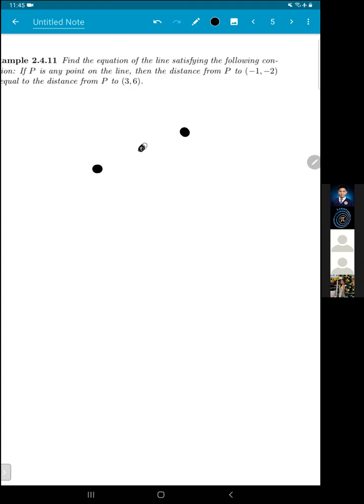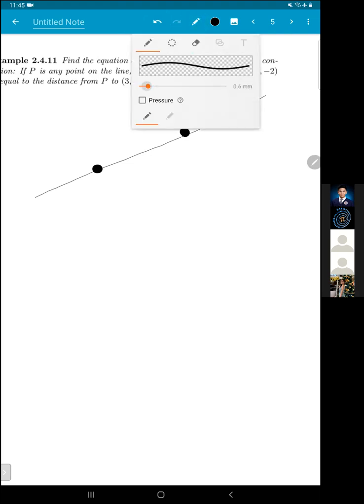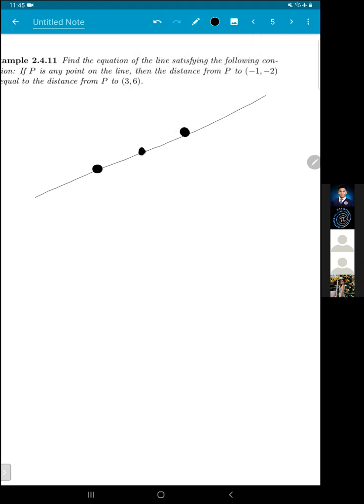Now, can you locate another point equidistant from those 2 points? Here's the midpoint. There.